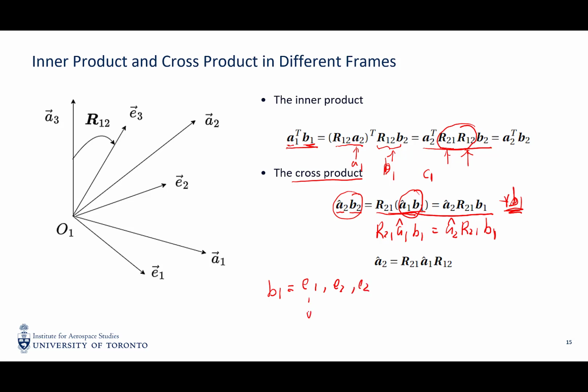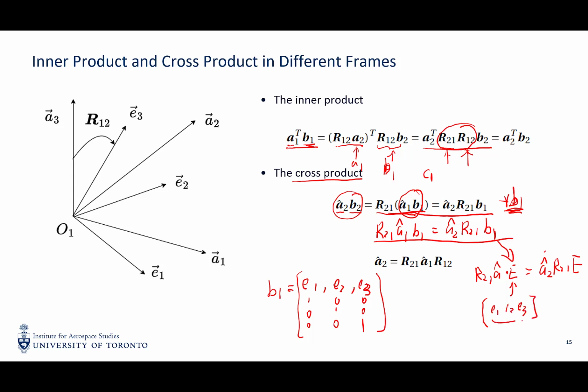For example, this is 1, 0, 0, this is 0, 1, 0, and this one is 1, 1, 0. By picking this very particular combination, this equation will be converted to R21 times A1 hat times E, where E is the identity matrix, equals A2 hat times R21 times E. So E is actually composed of E1, E2, and E3 here.